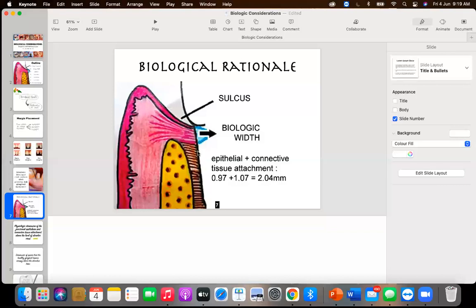If you look closer, these horizontal bands that are present in this diagram, what are these? These are your periodontal ligament fibers. If you remember, you have so many of them, right? You must have studied in your first year. And this one, the yellow one with the dotted appearance, what is that? That's your bone, right?